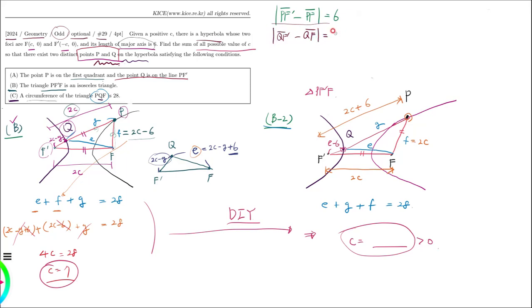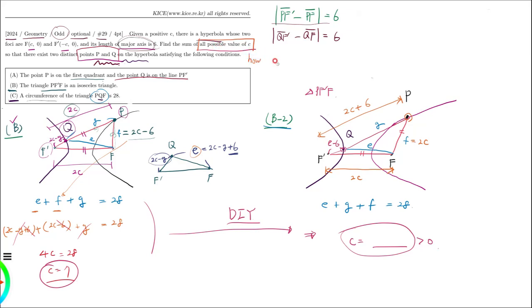Their length difference is constant, which is the length of the major axis. And the reason why this might give exam takers a feeling of extra difficulty is that you have to find all possible values of c.